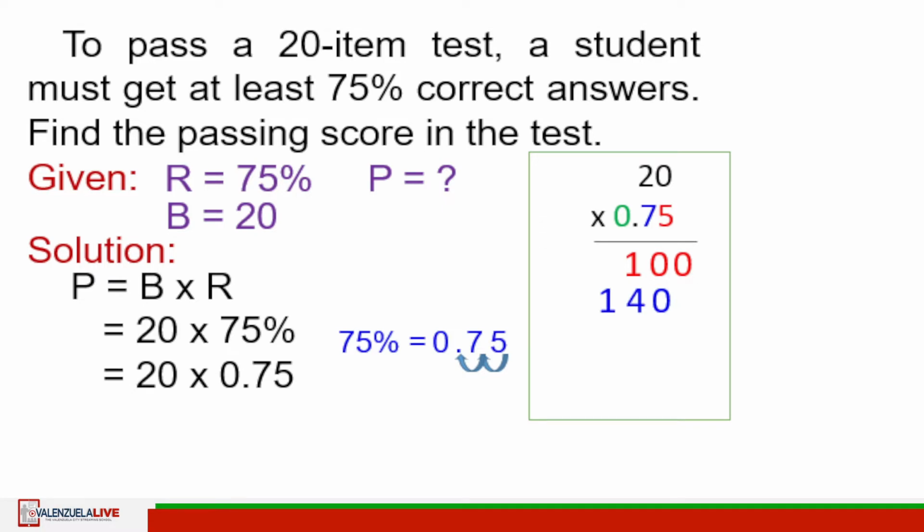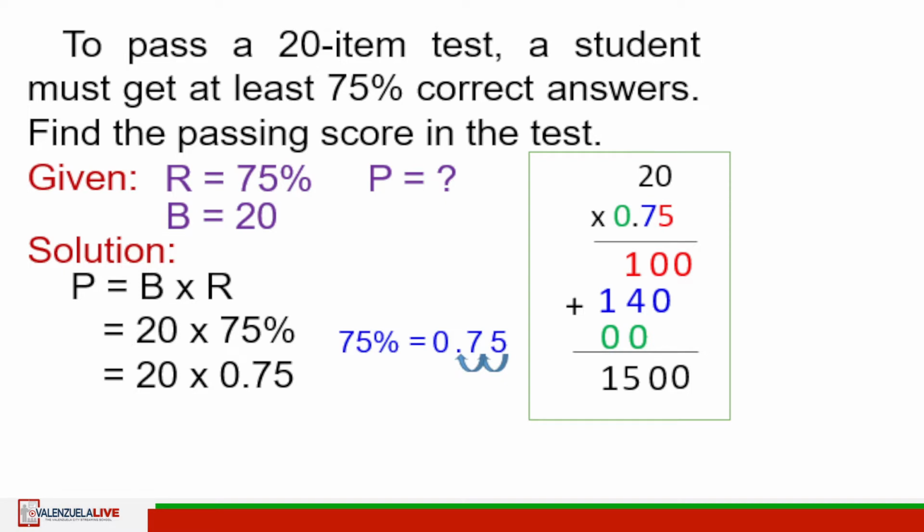So we have to add the partial products, which is bring down 0. 0 plus 0 is 0. 1 plus 4 plus 0 is 5. 1 plus 0 is 1. In our factors, we have two decimal places.